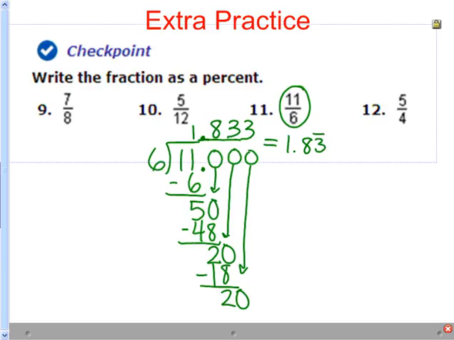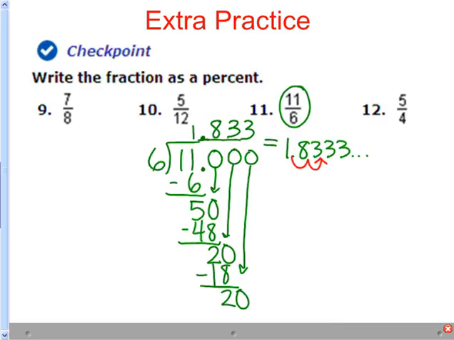So it'd be probably easier at first to write it as 1.8333 and so on. Making that into its percent form means moving the decimal point to the right twice, which is going to give me 183.3 repeating percent. There it is.